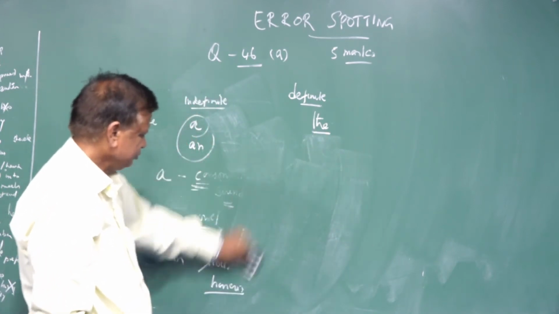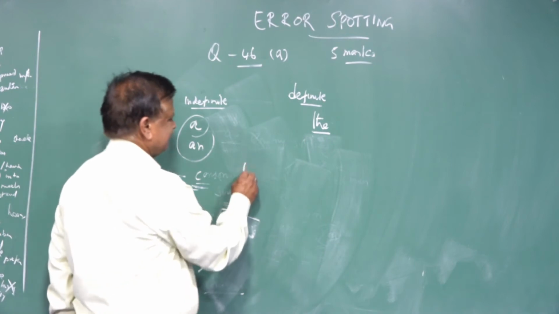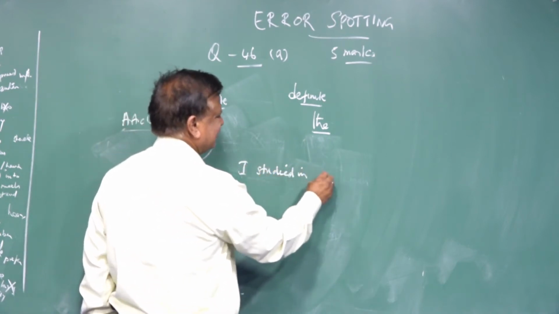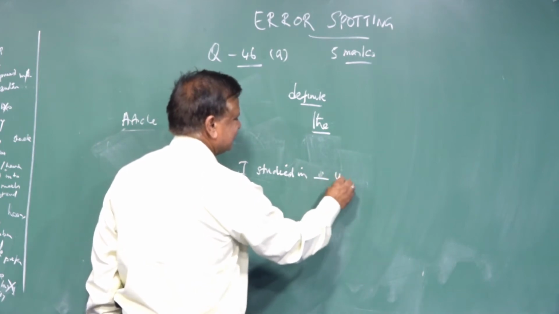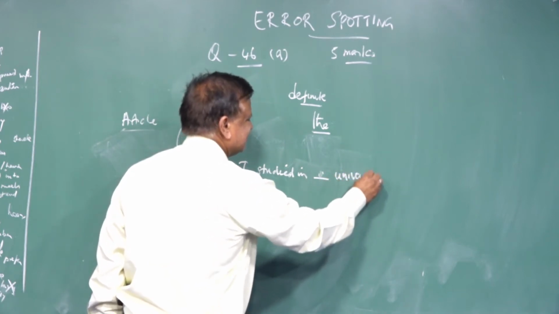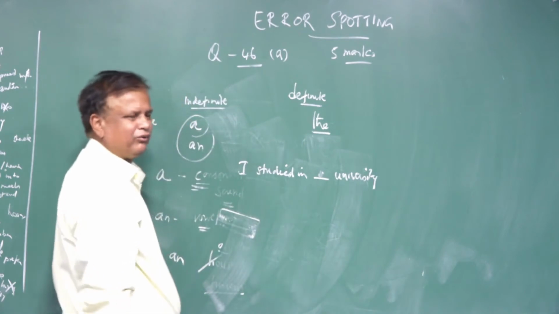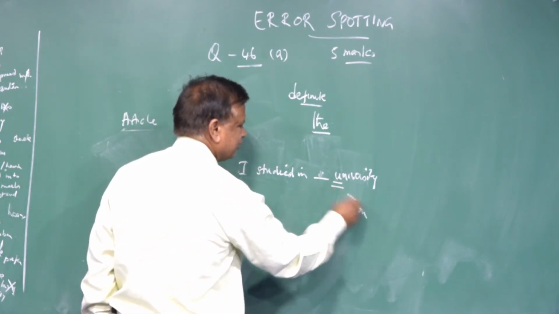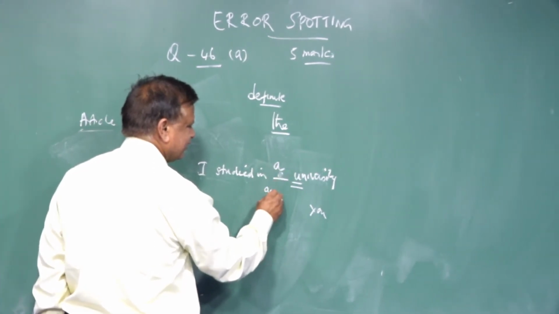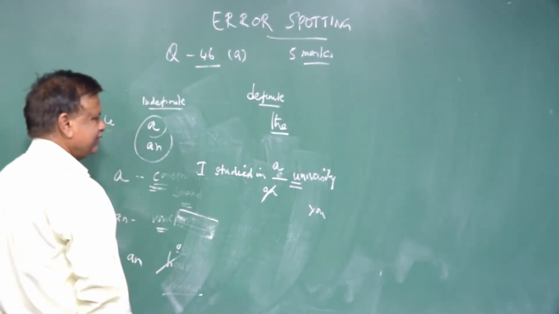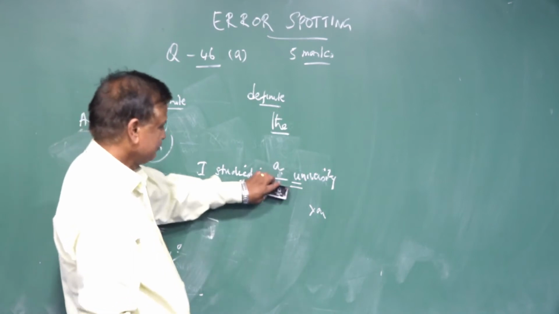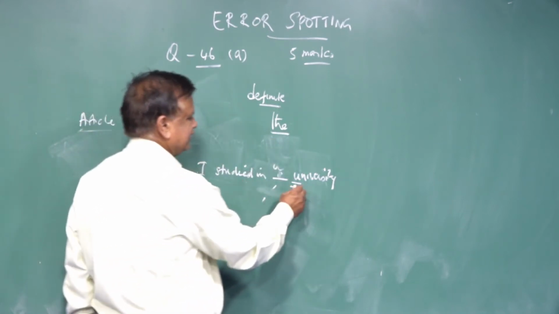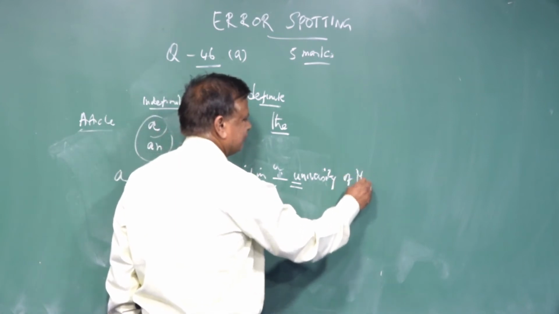Similarly, I studied in dash university. This is again a U sound, so I use a and not an. But this same question was given in a tricky way: I studied at University of Mysore.